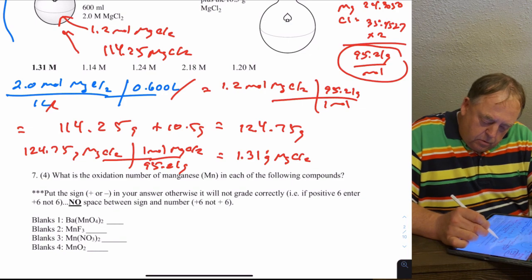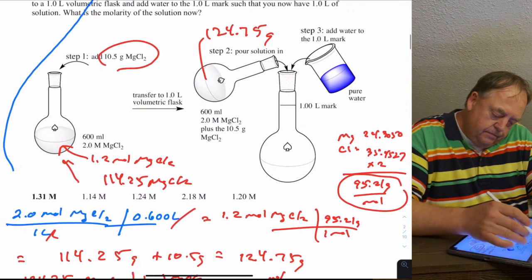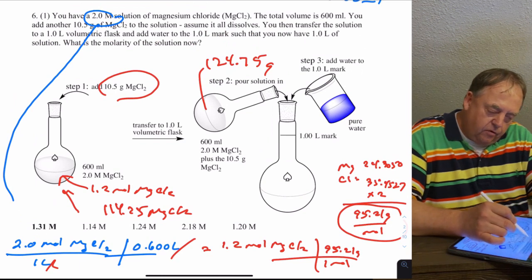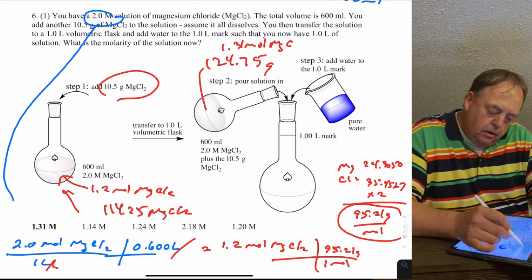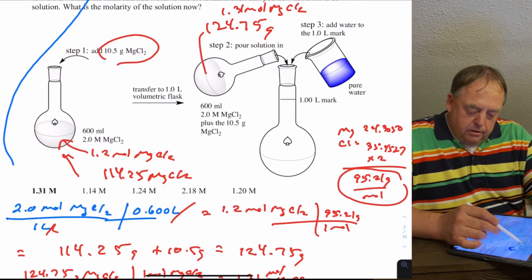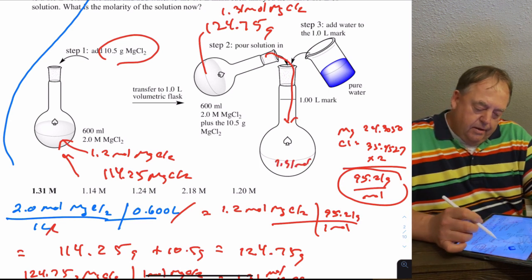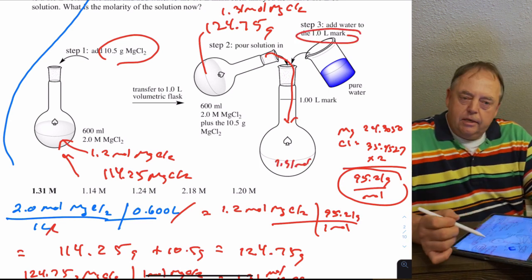Oh, that's right, it's a mole. So you have 1.31 moles. So this 124.75 grams is the same thing as 1.31 mole of MgCl2. So you take that, pour it into this flask. So there's 1.31 moles in here, and then you dilute to the 1 liter mark.